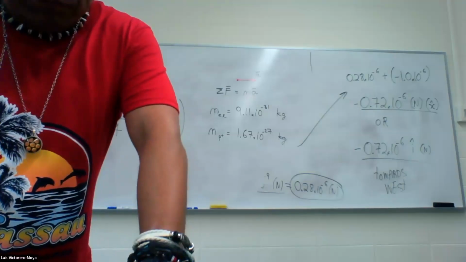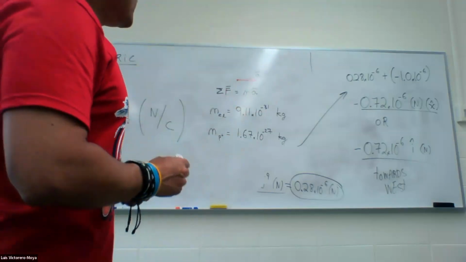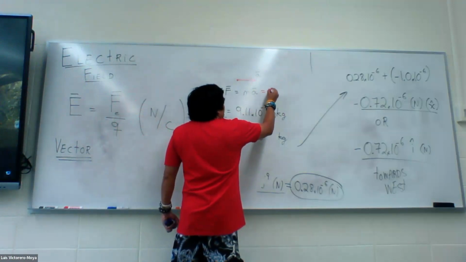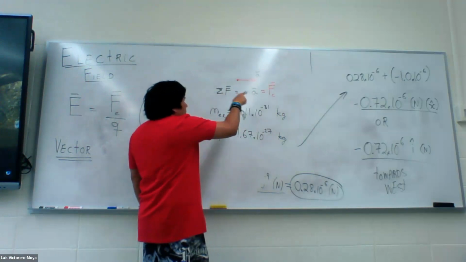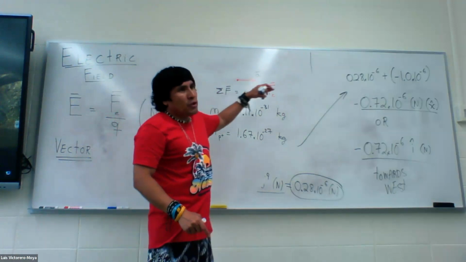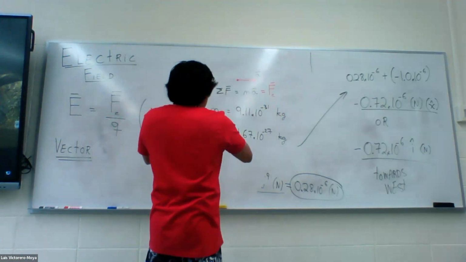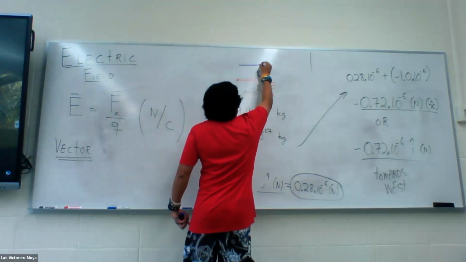So if you have a charge in an environment, like here in a room, moving to the right, then the net force will be the electric force. That means that the electric force is pushing the charge to the right. So if the acceleration is to the right, the force has to be to the right.